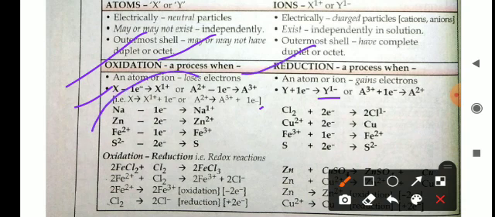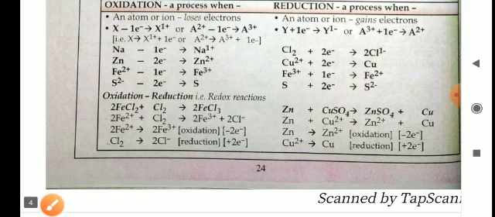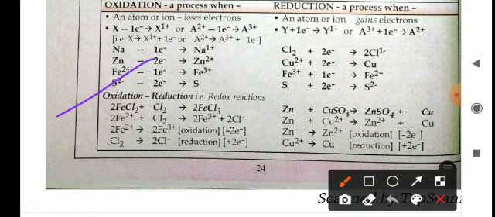These are some examples in which the element gets oxidized, and these are some examples in which an element gets reduced. The reactions in which two or more elements are oxidized and reduced, with both processes taking place simultaneously, are known as redox reactions.